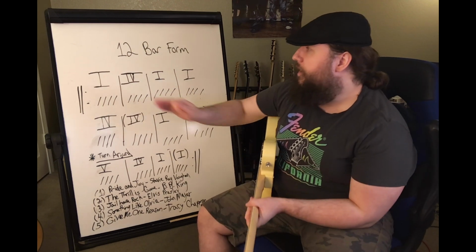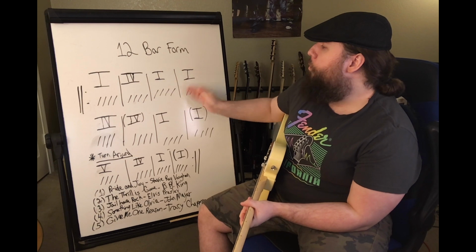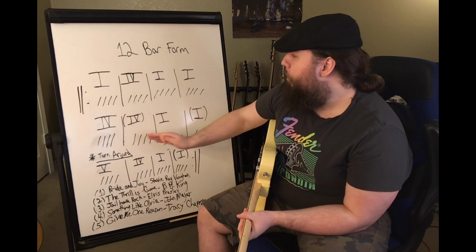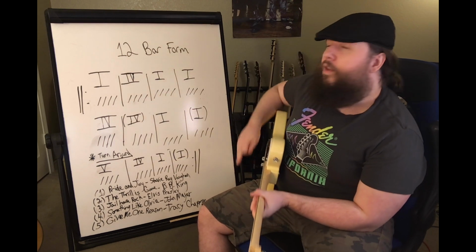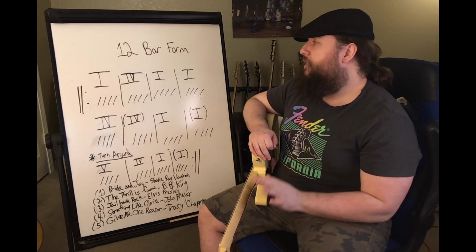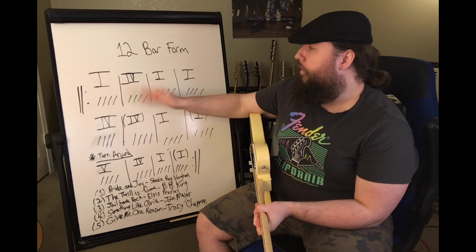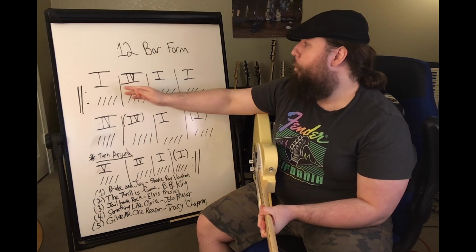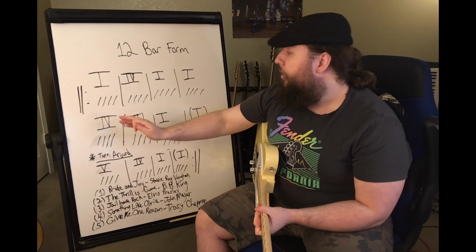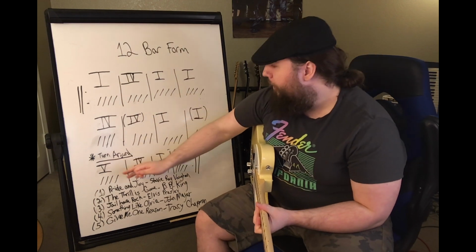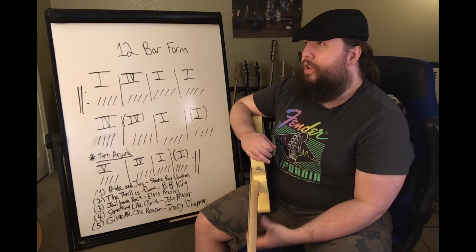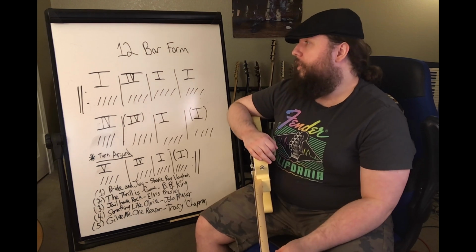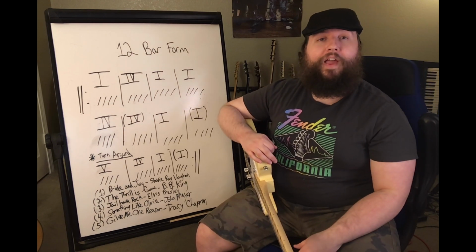As you see, it goes 1-4, 1-1, 4-4, 1-1, 5-4-1-1. Very, very basic. Sometimes if you want to simplify it even more, you'd eliminate that 4 and just have 1-1-1-1, 4-4-1-1, 5-4-1-1.